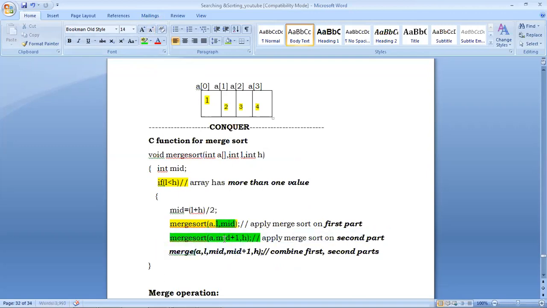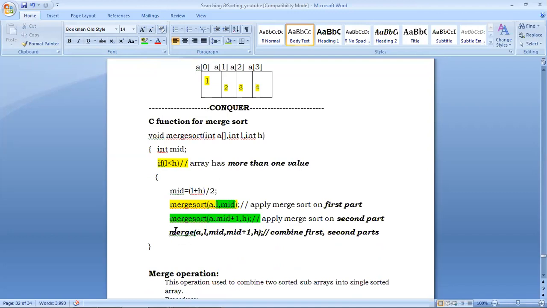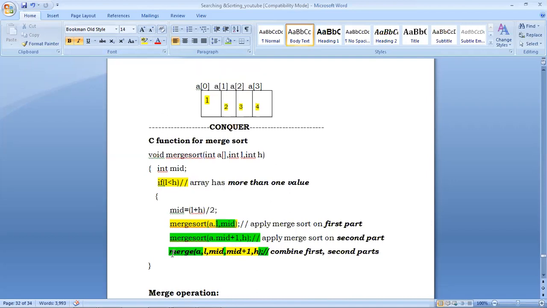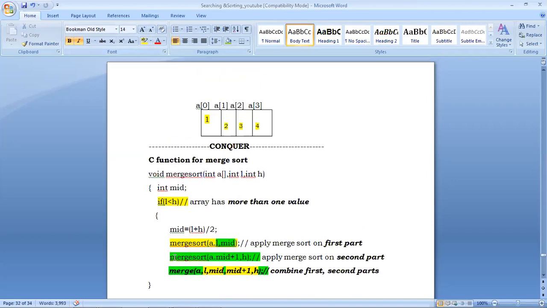So the second part index is from mid plus 1 to H. A is the array which we would like to split logically. Then after that we have to combine both the first part and the second part. See here, A, L, mid means the first part, mid plus 1, H means the second part. I am combining the first part and second part. That is the merge sort logic.